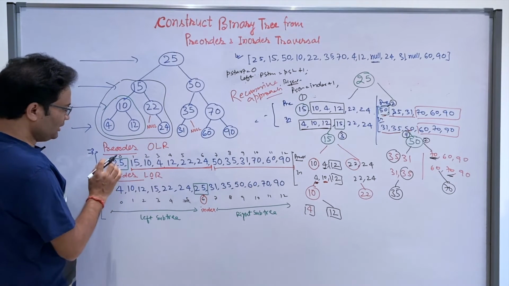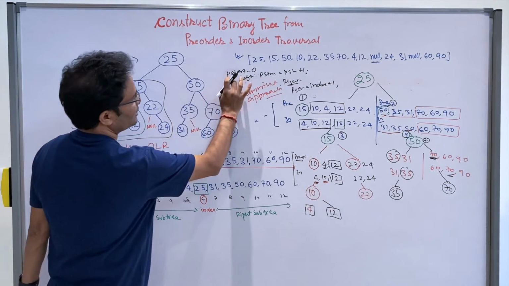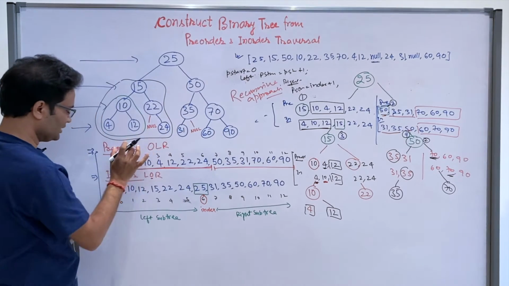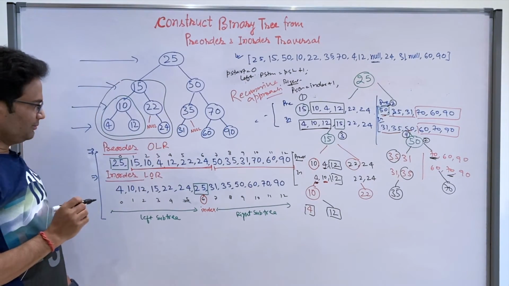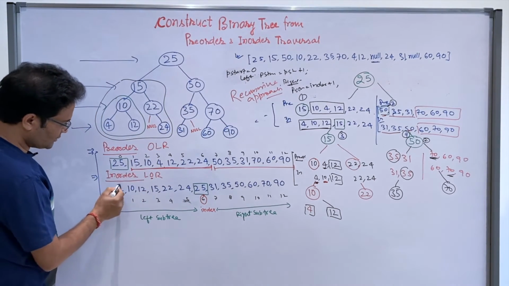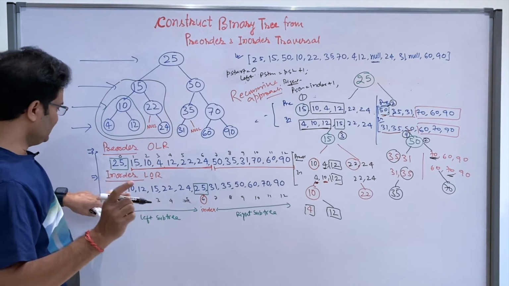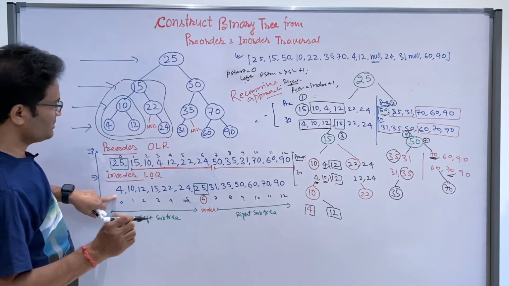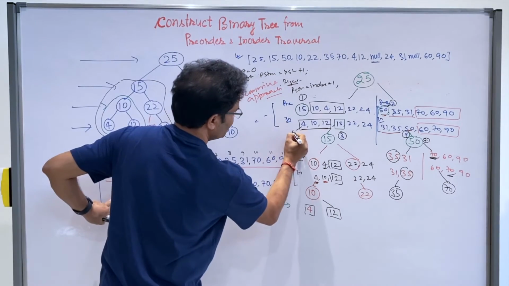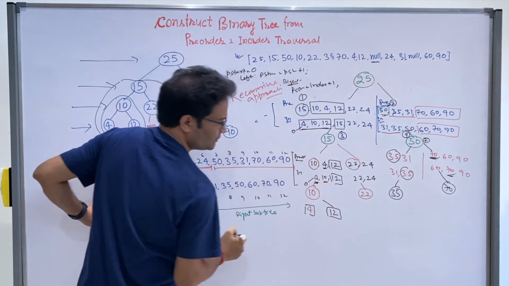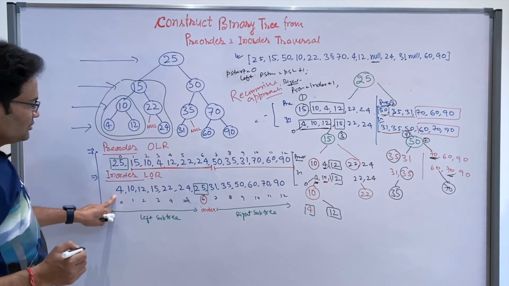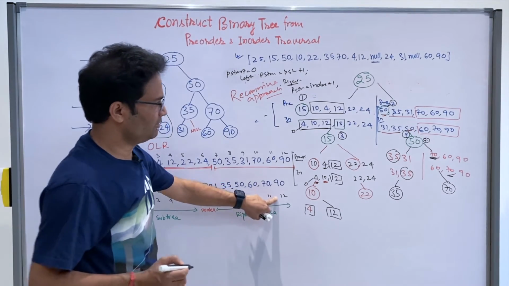So we always have to work with two things. One, we will use these for the pre-order, and for the in-order, if you see, the left side always starts from 0. If you see all the left side in-order, it's always from 0. See, this index is 0, this index is 0, right? And if you see, the ending is always the 12, right?